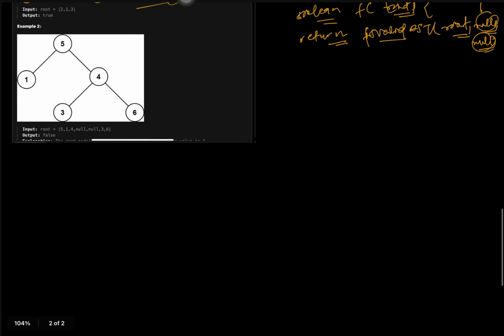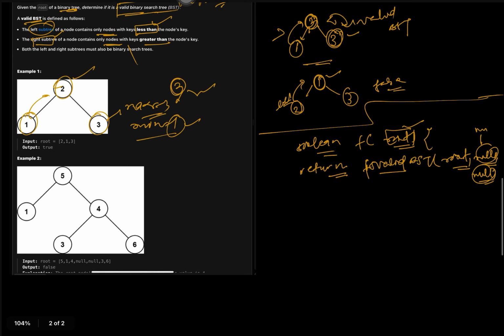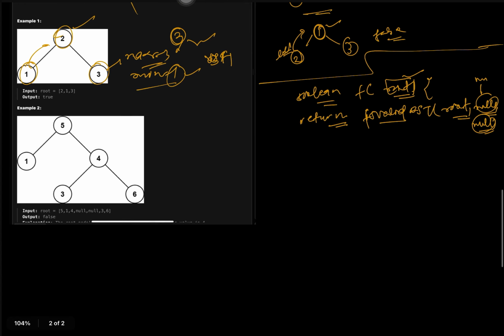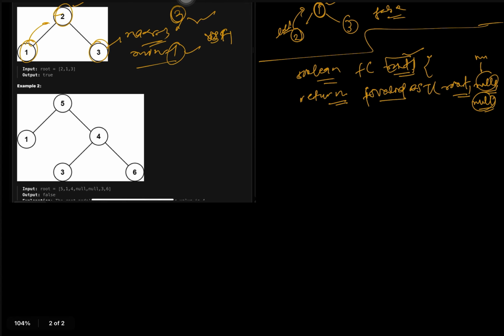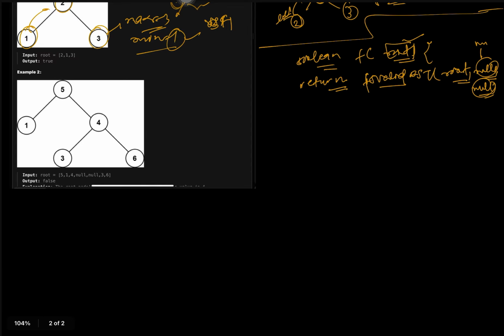If it is okay, then we have a valid BST, and if not, it is not. In this other case, the maximum is 6 and the minimum is 1.